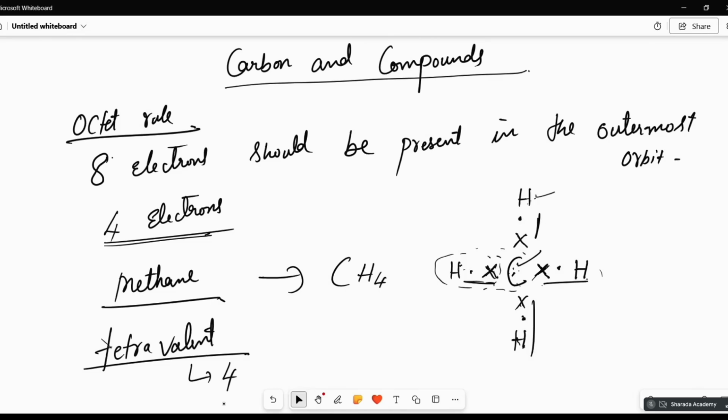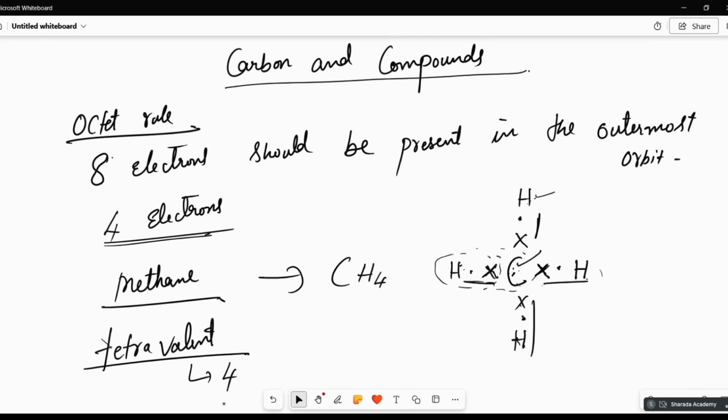To form an ionic bond, it would have to either give 4 or take 4 electrons, which is difficult. That is why it forms covalent bonds. The compounds formed by covalent bonds we call covalent compounds.